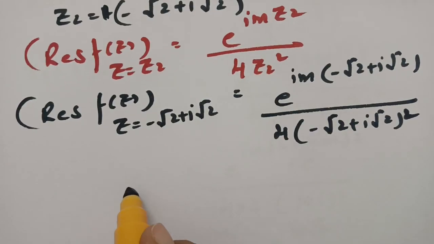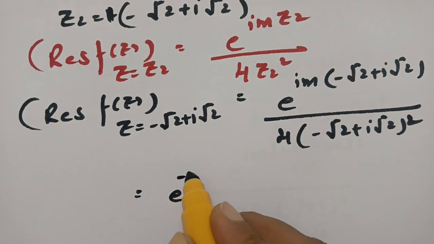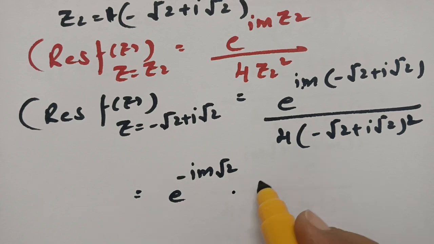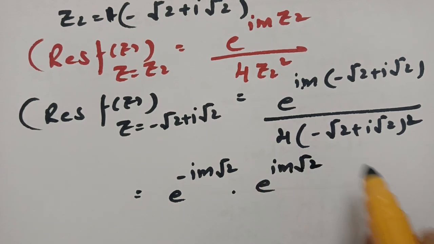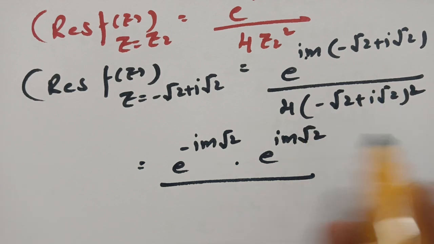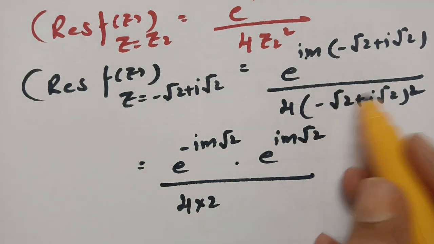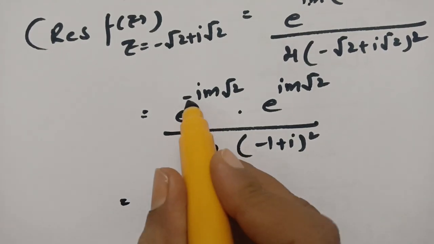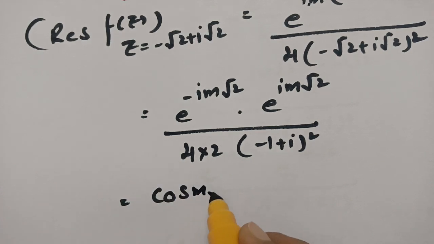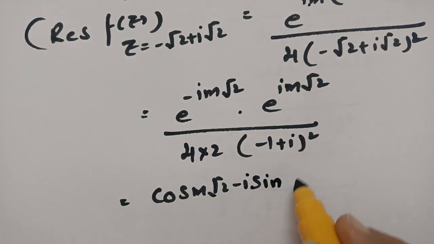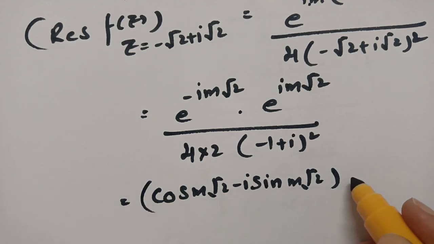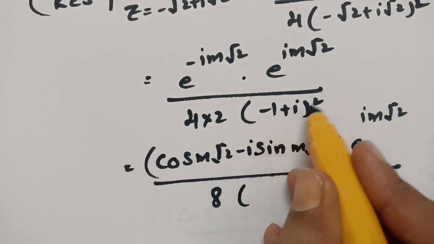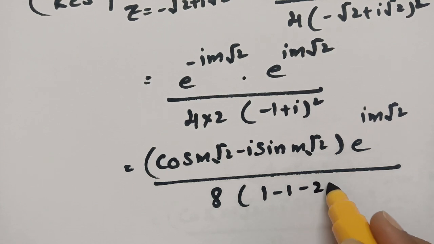Whole square. Clear? So this can be written as e^(-i m √2). If I multiply this one, this is e^(i m √2) by. If I take √2 outside, this will be 2 after squaring √2², so this will be (minus 1 + i) whole square. So this value is nothing but cos of m√2 minus i sin of m√2 into e^(i m √2) by 8 times of (a + b) whole square, which is nothing but a² minus b² minus 2ab.